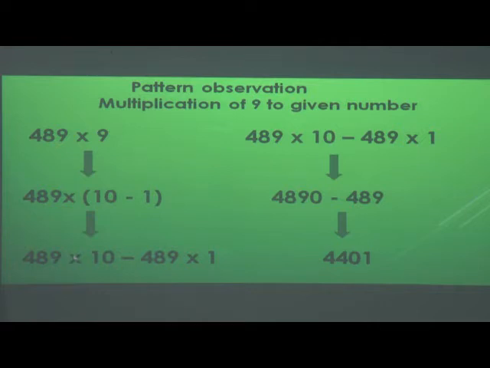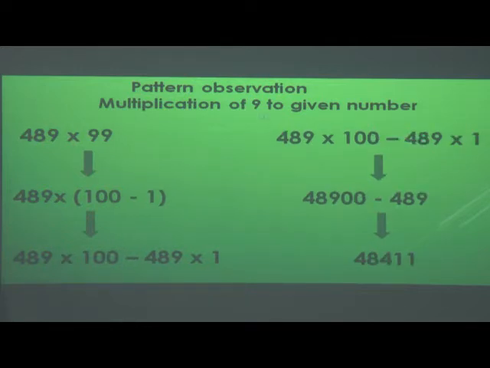So 489 into 10, the symbol is minus, so we have taken here minus 489 into 1. 489 into 10, we got the answer 4890 and 489 into 1 is 489. When we subtract this, we get 4401.